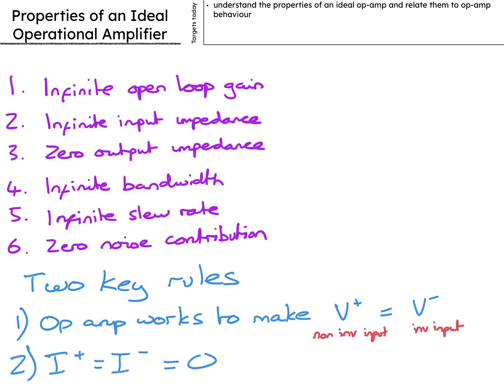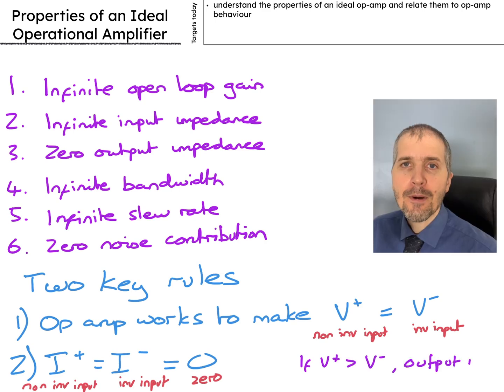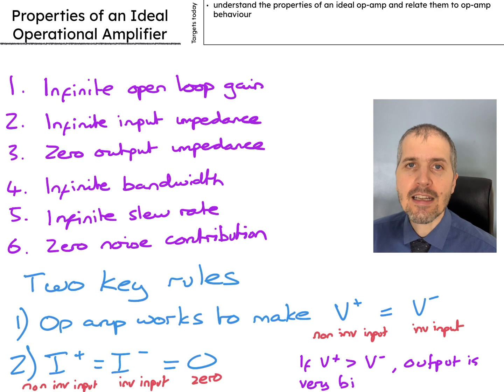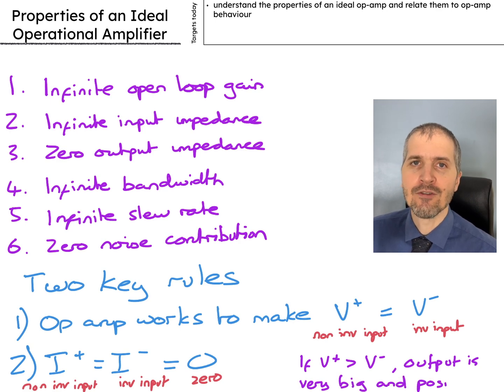The current going into the non-inverting input is equal to the current going into the inverting input, which equals 0. But if somehow V plus was bigger than V minus, then the output would be very big and positive. But basically the op-amp is going to work really hard to make sure that rule 1 and rule 2 are being followed at all times.